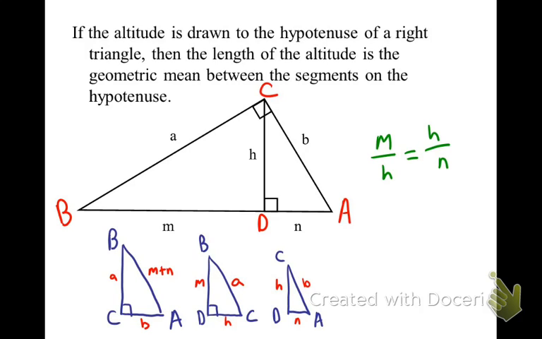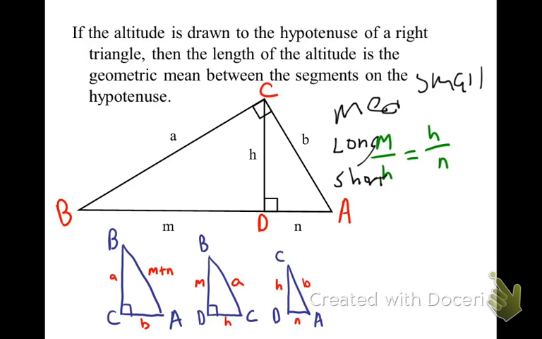All right, so if we want to compare the medium triangle to the small triangle, the M is the long side of the medium triangle. The H is the short side of the medium triangle.